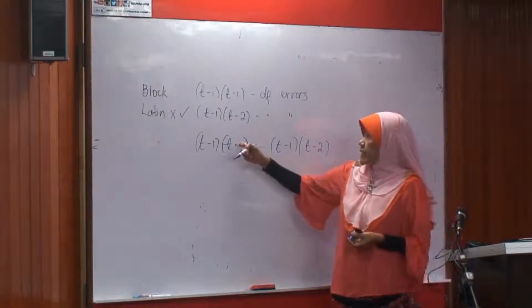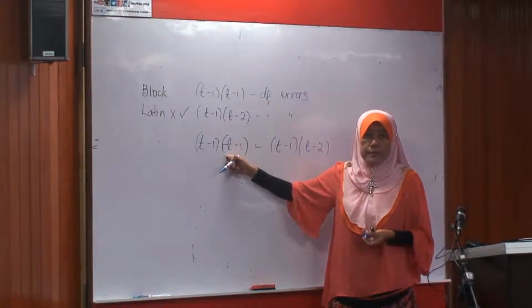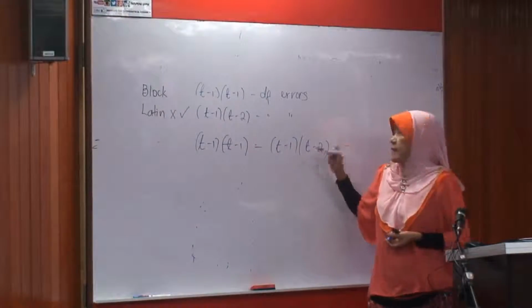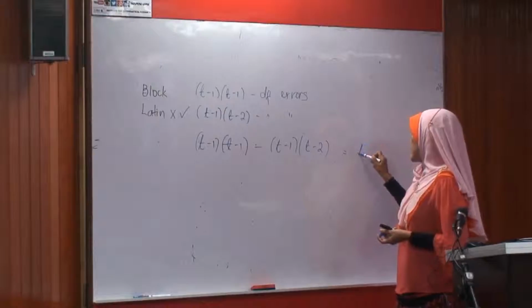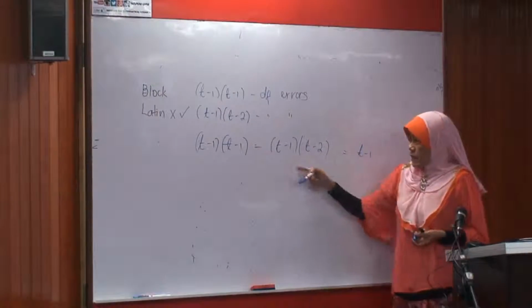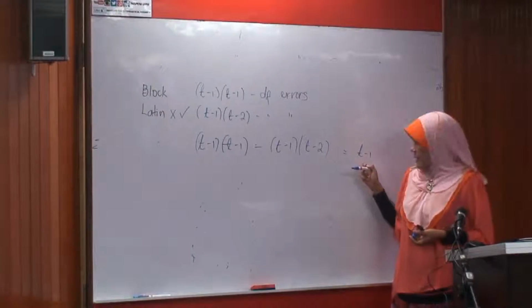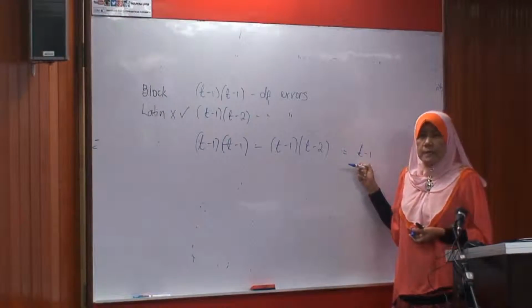When you subtract the degrees of freedom of the block design from the degrees of freedom of the Latin square design, you will get t minus 1. You can do it at home: if you subtract this, the final result will be t minus 1.